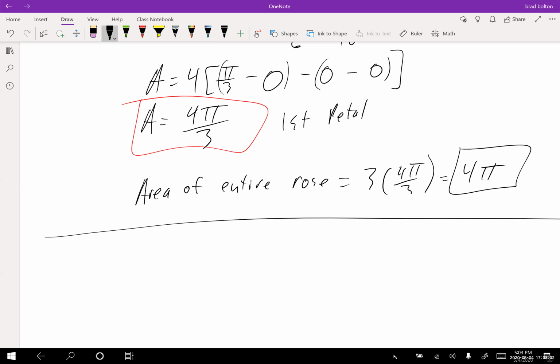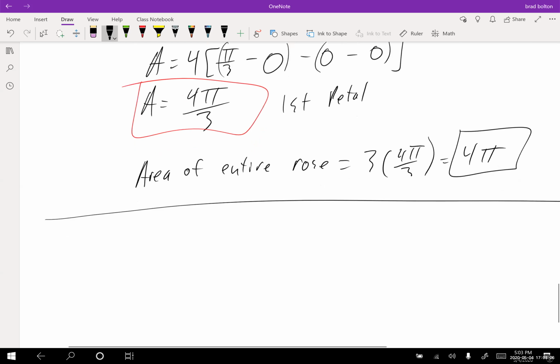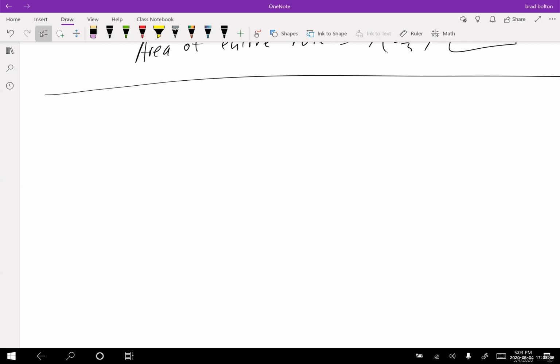Okay, so I want to look at an inner loop, and the inner loops are probably the hardest ones. So we're going to say, how about this?